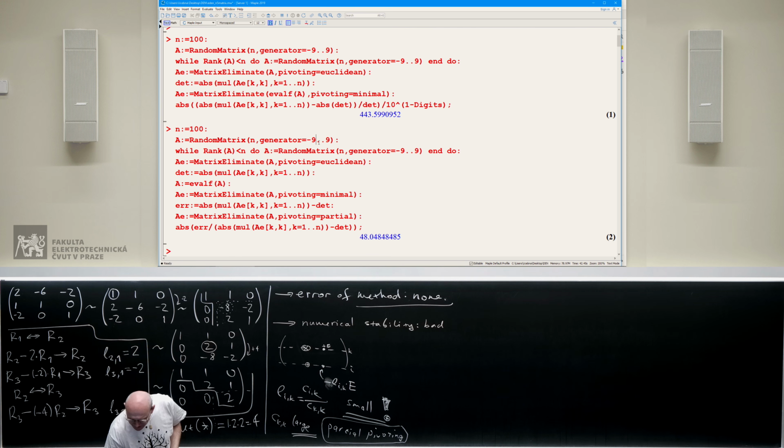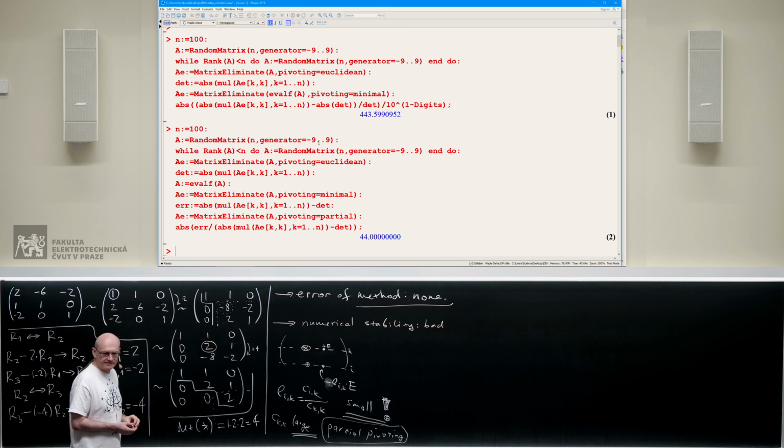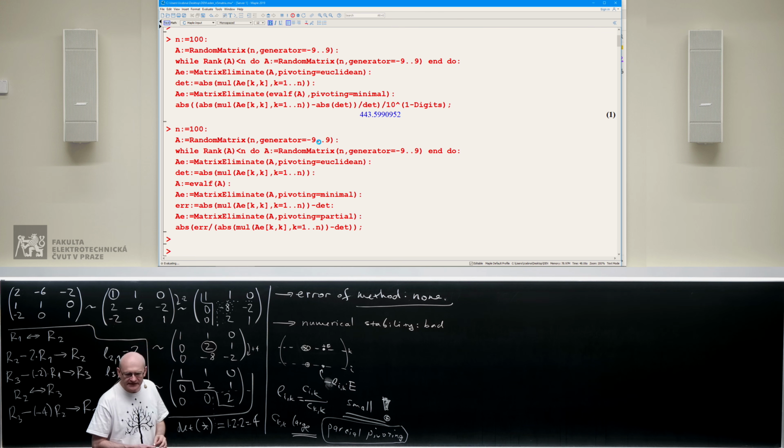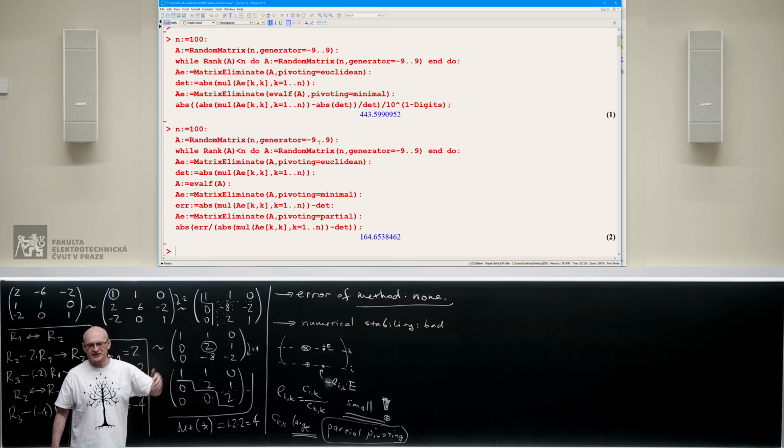And again, let's try to run it a few times to get some feeling for what the pivoting can do for us. Okay, improvement by 40. What's interesting, in theory, it's not guaranteed that pivoting will always pull the error down.